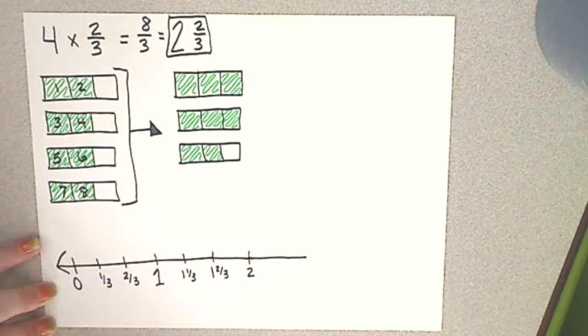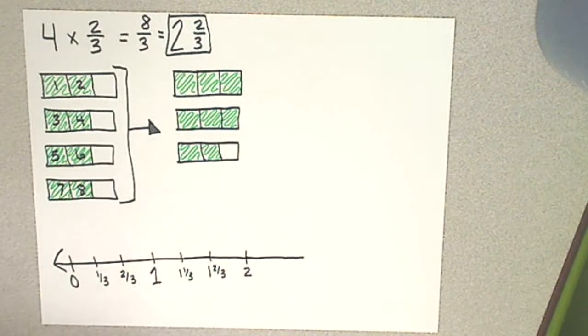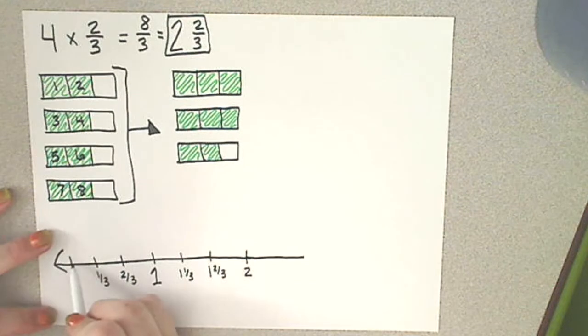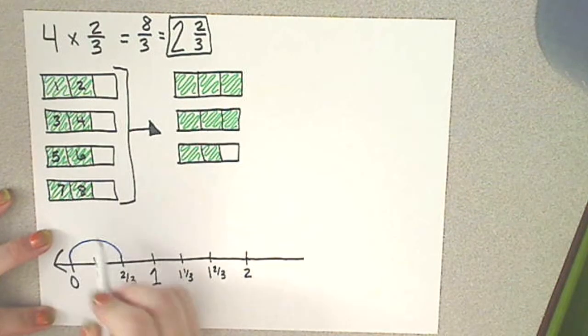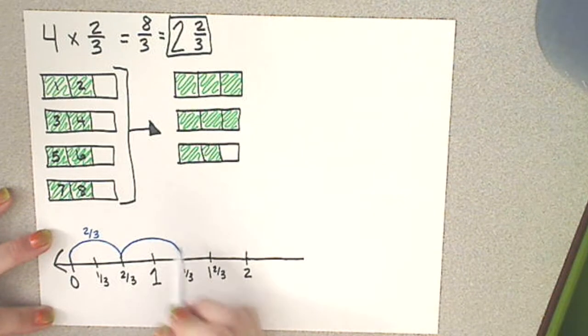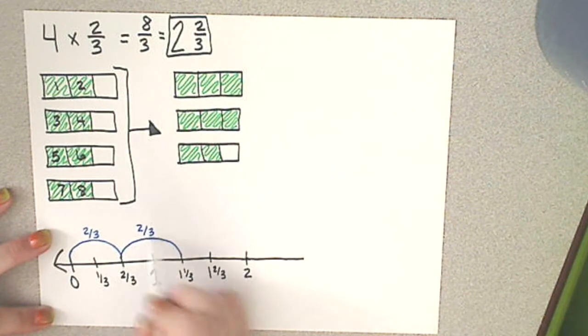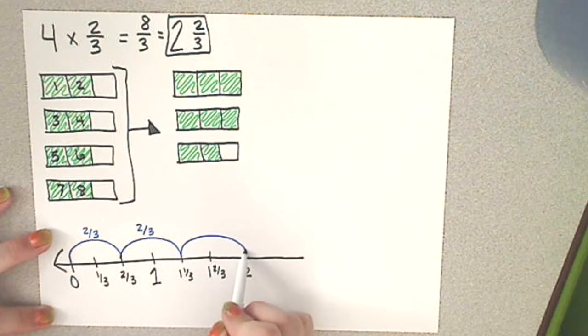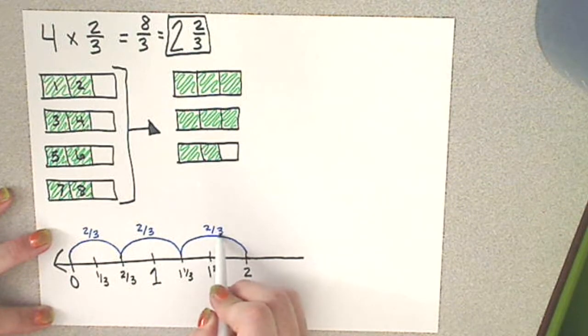So I'm going to start there. And I need to show 2/3 4 times. Well, there's 2/3 1 time, 2/3 2 times, 2/3 3 times.